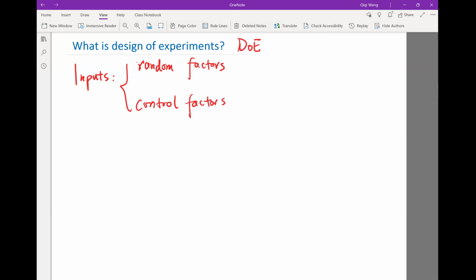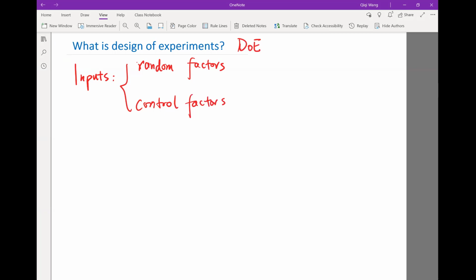So this design of experiments is often seen as a pre-stage for a rigorous optimization procedure, which we are going to discuss in our next lecture. So we start with this design of experiments, and then we zoom into the most interesting or promising region of the control space, of the design space, and perform an optimization.